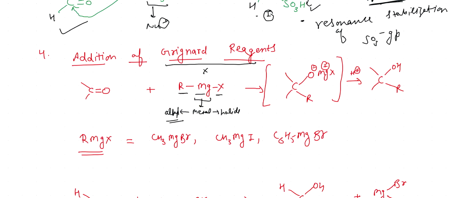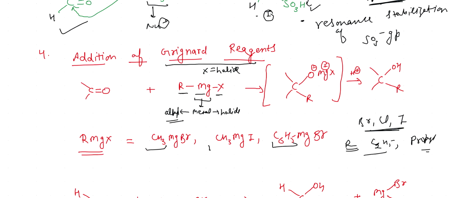That may be bromine, chlorine, iodine, etc. Clear? And R may be any alkyl group, that is methyl group, phenyl group, C2H5, ethyl, propyl, butyl, pentyl. So any kind of Grignard reagent can be used. It depends what kind of product we need in the synthesis reactions and what kind of drug we have been synthesizing.